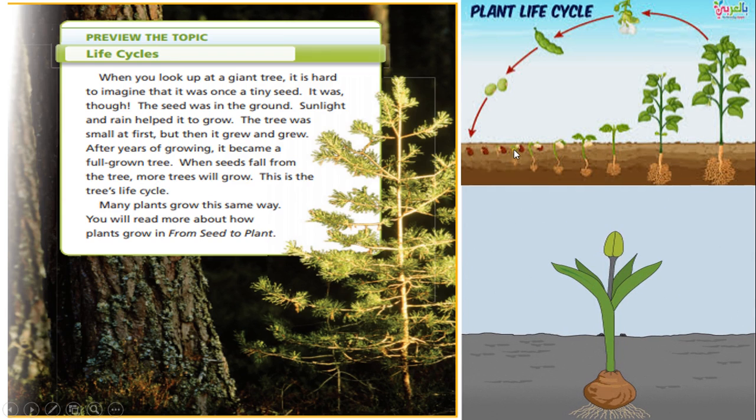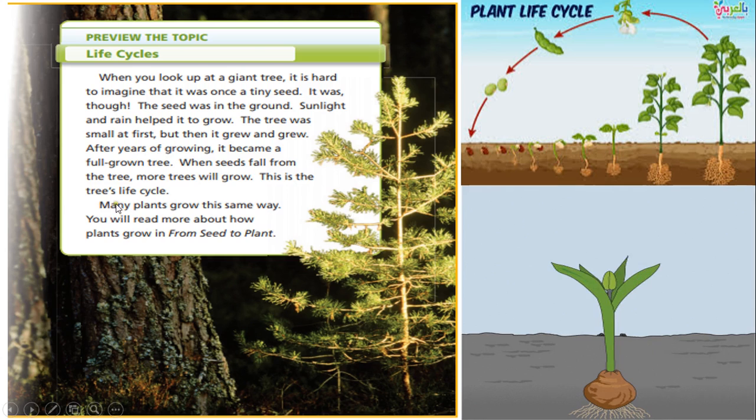Over here, after the seed grew and grew and became a huge plant, the plant will also make more seeds, which fall again on the ground and will grow again and again into a giant tree. So this is the life cycle. It happens over and over.